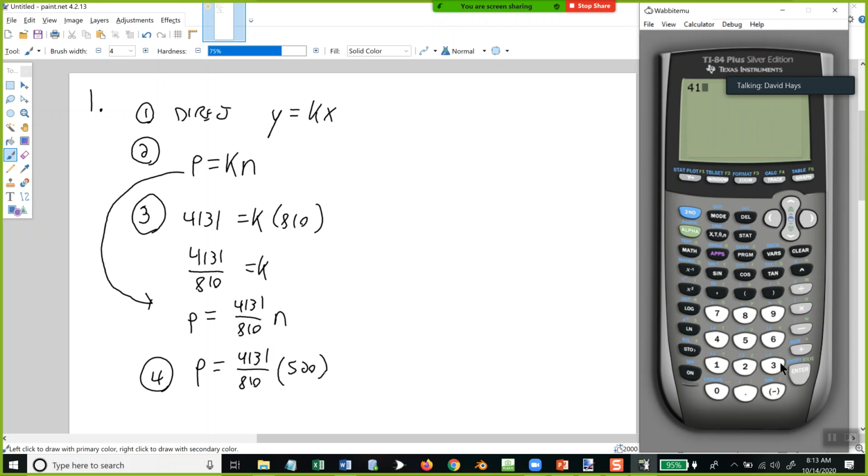So 4,131 divided by 810 times 520. So our profit will be 2,652.